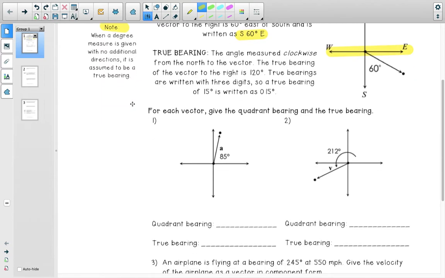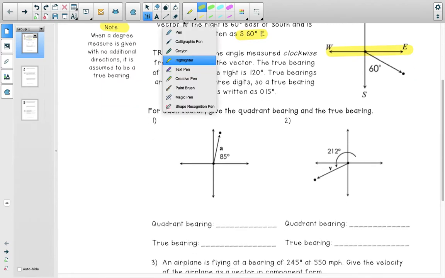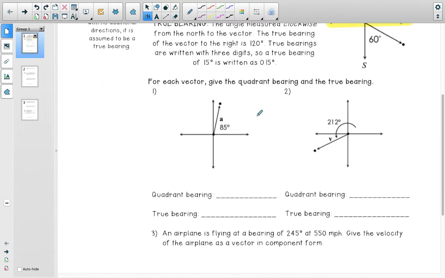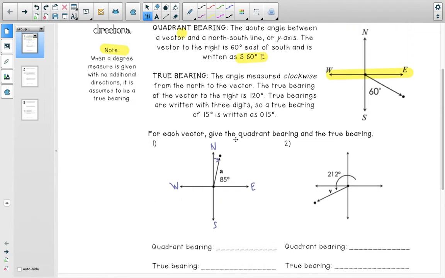So for each vector, give the quadrant bearing and true bearing. Let's just start with quadrant bearing. You're given north, east, south, and west. To find the quadrant bearing, you have to find the angle that comes off of the north or south.